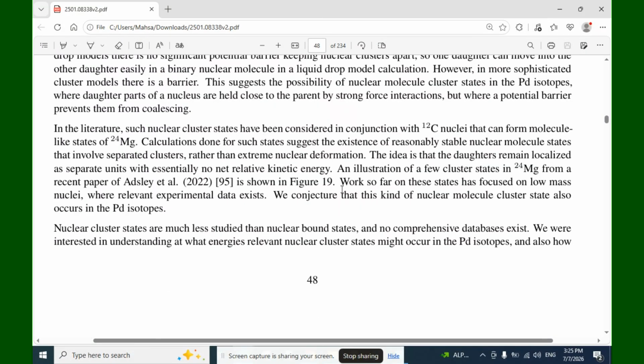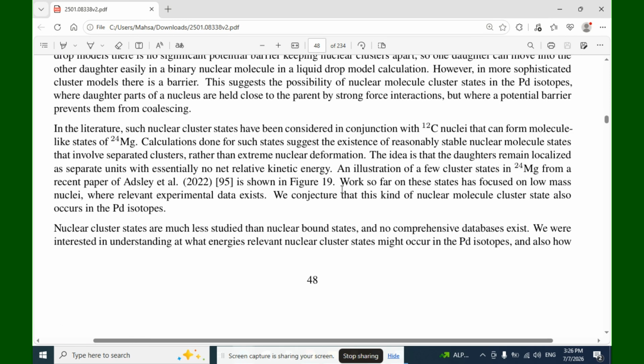In the literature, such nuclear cluster states have been considered in conjunction with carbon-12 nuclei that can form molecule-like states of magnesium-24. Calculations done for such states suggest the existence of reasonably stable nuclear molecule states that involve separated clusters rather than extreme nuclear deformation.